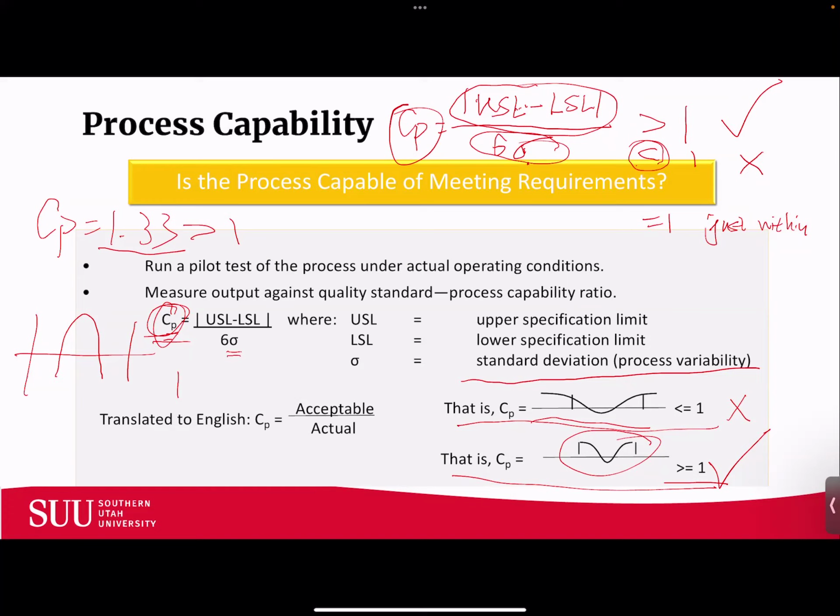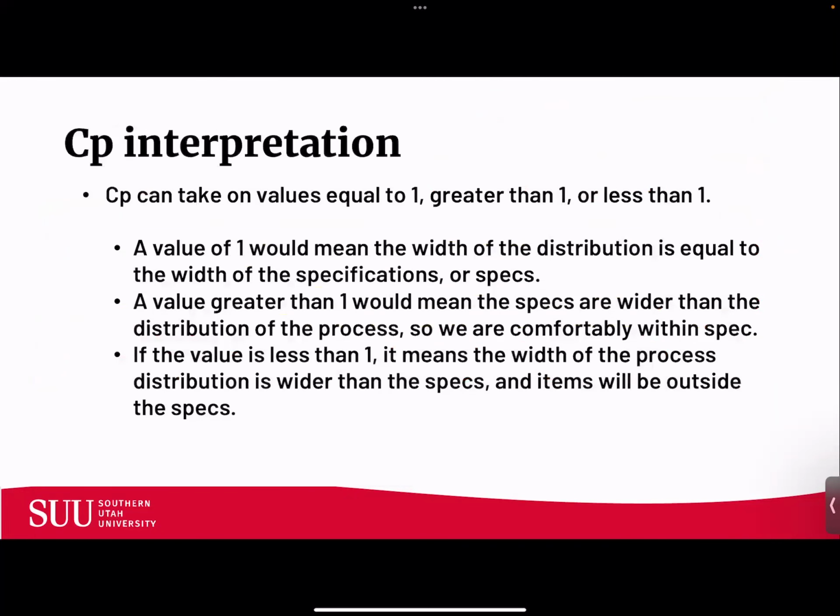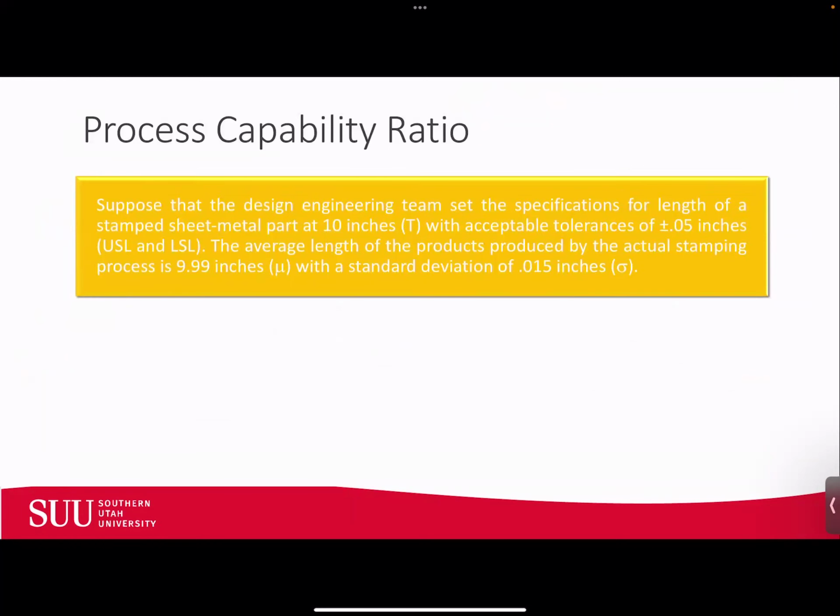Now let's take a look at an example. This just gives you the interpretation of larger, equal, or less than 1. So let's take a look at these examples here. Suppose that the design engineering team set the specification for the length of a stapled sheet metal part at 10 inches. And the tolerance is plus or minus 0.05.